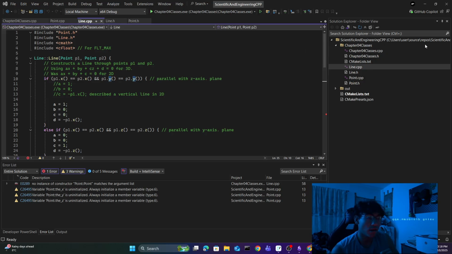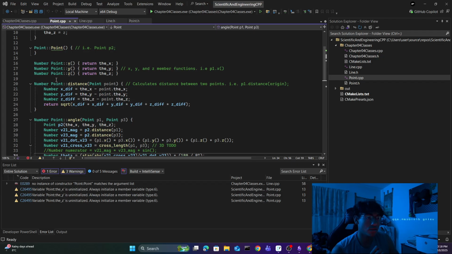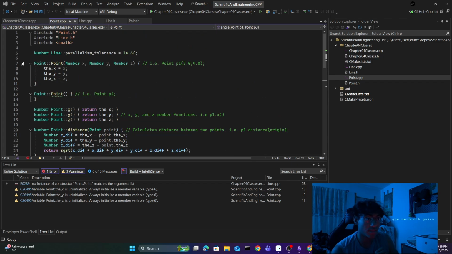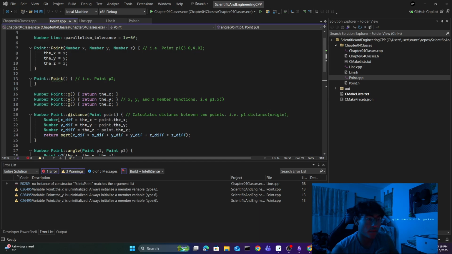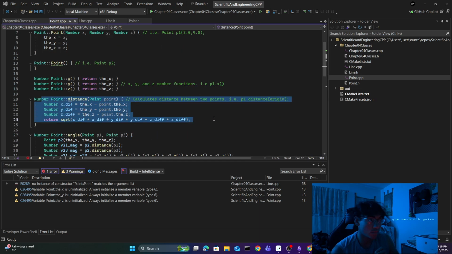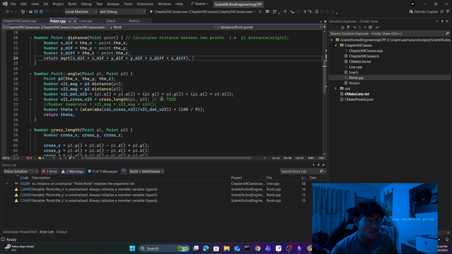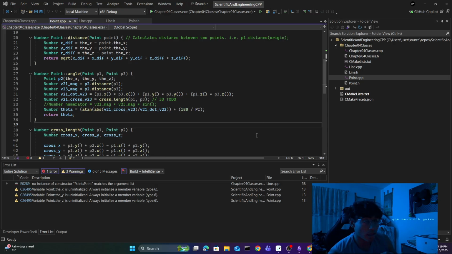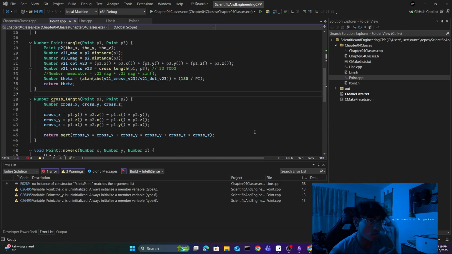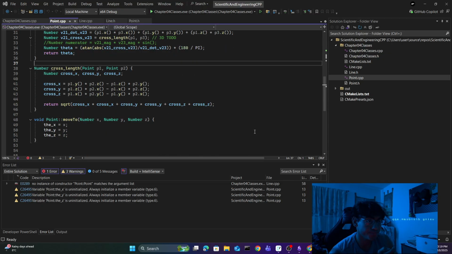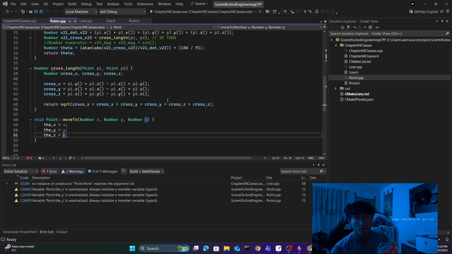And the point class allowed us to first initialize a point, calculate the distance between 2 points, then also calculate the angle, which was one of the chapter problems where we had to calculate the angle between 2 points, and also moving to a point, so from one point to another. So that's the point class.